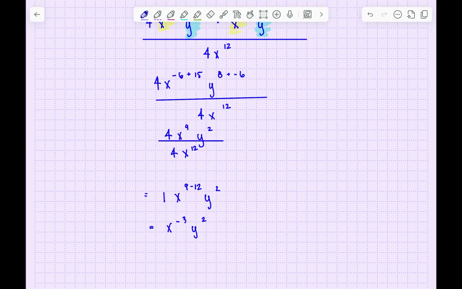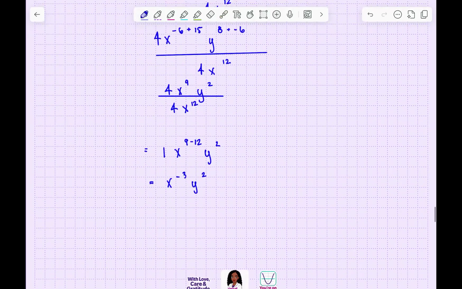However, like we said before, you cannot keep this negative exponent in there. So what are we going to do? We are going to flip it, so it goes from the numerator to the denominator. I keep the other term there, y squared.